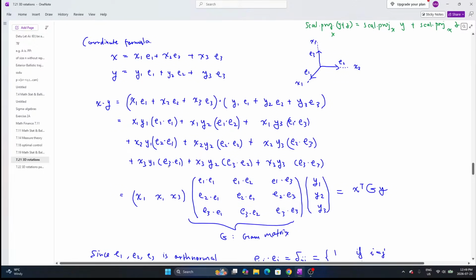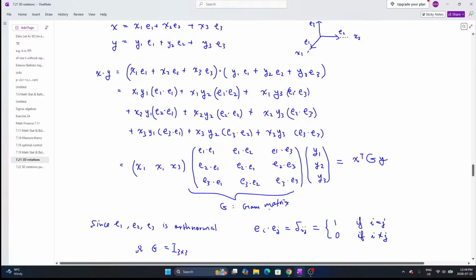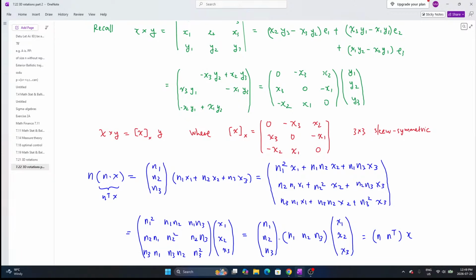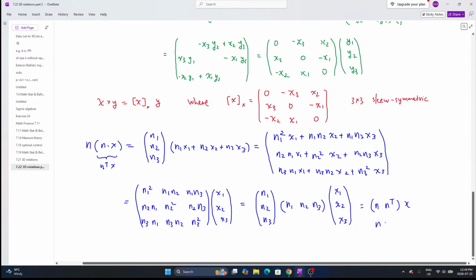Basically, if you have a basis e1, e2, e3, which doesn't have to be orthonormal, and you form the pairwise dot products, you get the Gramian. It looks similar, but here e1, e2, e3 are all vectors, while today n1, n2, n3 are the components of the same vector. So this is a Kronecker product. You can write it as n times n transpose.